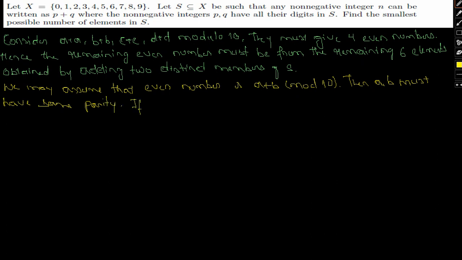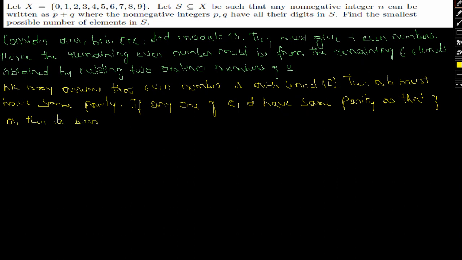If any one of c, d has the same parity as that of a, then its sum with a gives an even number, which is impossible.